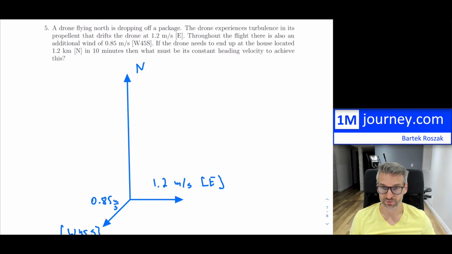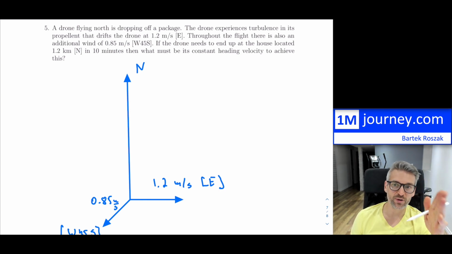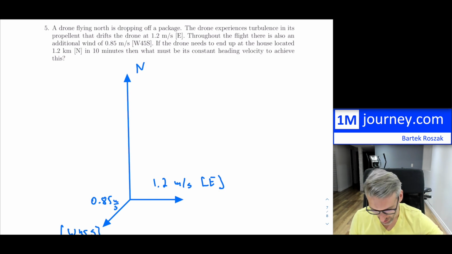Okay, well, heading velocity, I'll put a link up above there. So what should you actually be moving along? We're going to get shifted back and forth based on the turbulence and also the wind. We want to be heading north, but this is not exactly what is going to happen here.